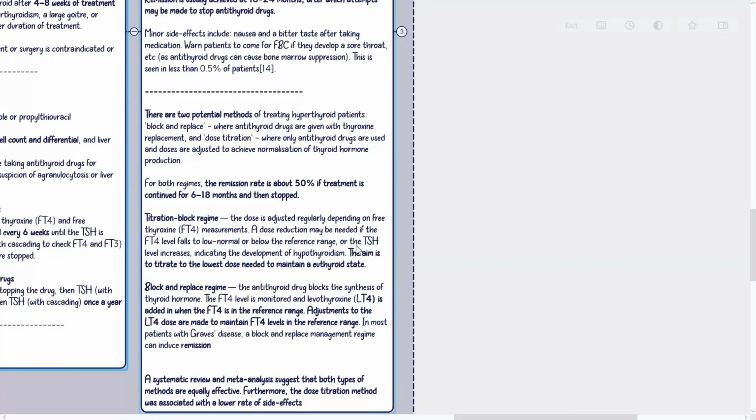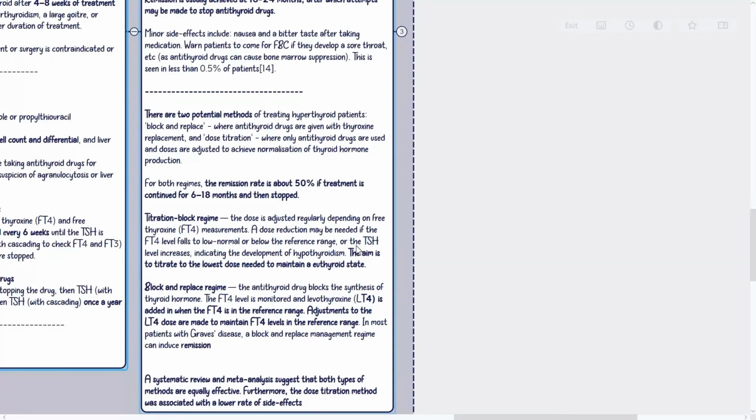There are 2 potential methods of treating hyperthyroid patients: block and replace, where antithyroid drugs are given with thyroxine replacement, and dose titration, where only antithyroid drugs are used and doses are adjusted to achieve normalization of thyroid hormone production. For both regimes, the remission rate is about 50% if treatment is continued for 6-18 months and then stopped.